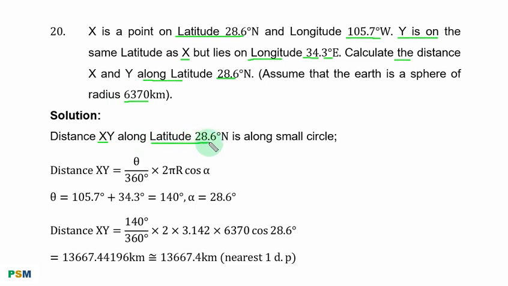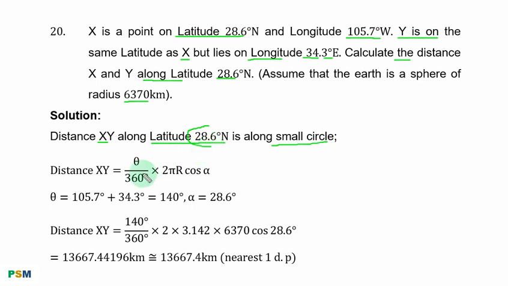Solution. Distance SY along latitude 28.6 degrees north is along a small circle. If this point were 0, we would take it as the equator. But anything outside 0 is a small circle, a parallel of latitude.